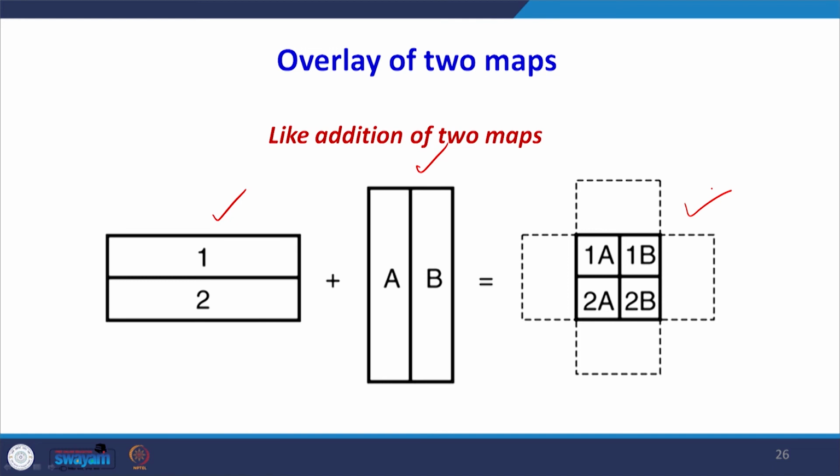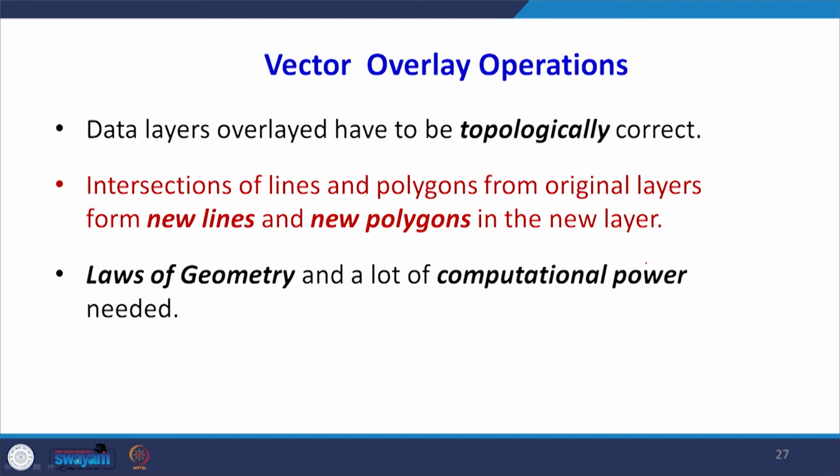So one map is superimposed with the second map. This is the overlay result. I will get the common area, and within the common area my classes would be, within box number 1 class A is present, within box number 1 class B is present, like that. So I will get the output map with the overlay, which is indicating both the classes which are present.